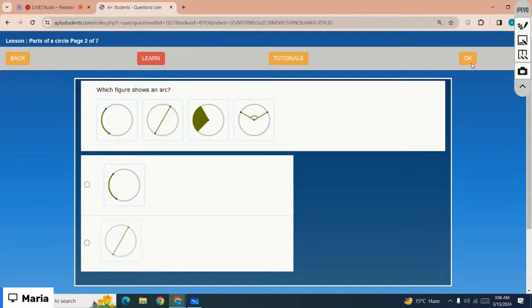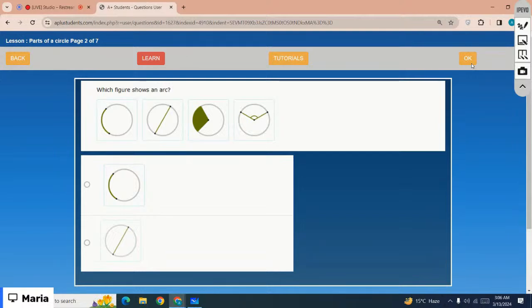Which figure shows an arc? Which is the correct option? One, two, three, four. Which one shows an arc?